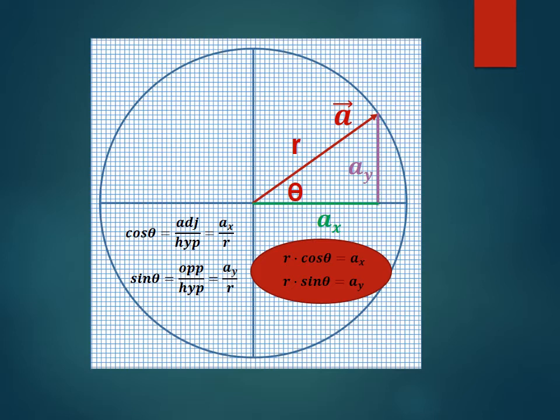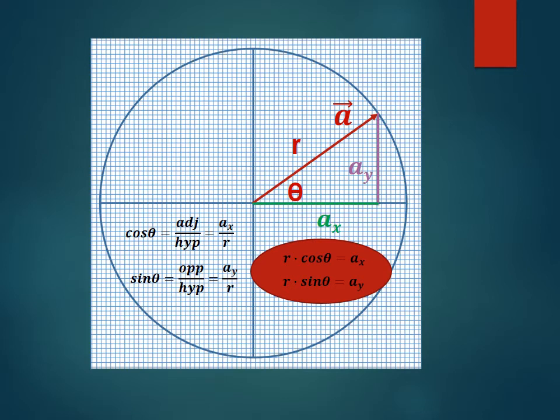So you can rederive these every time you have to take vector components, or I highly recommend that you memorize that the magnitude of the vector times cosine of theta, where theta is the angle between the positive x-axis and your vector, equals ax, and r sine theta equals ay.